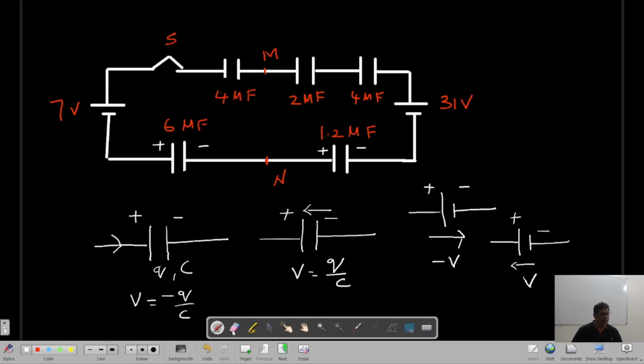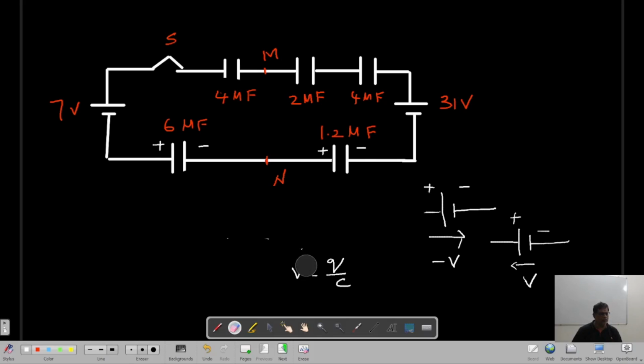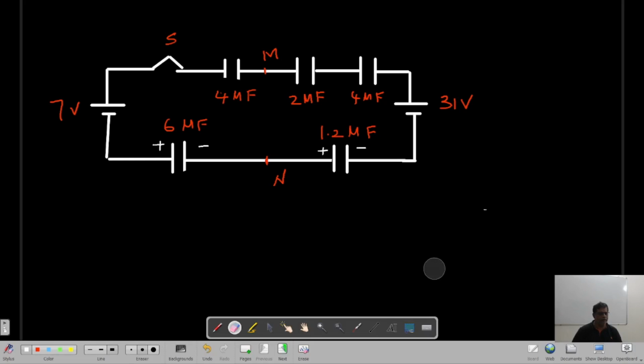There are many ways by which this circuit can be solved. You can apply Kirchhoff's voltage law throughout the circuit, but I am not going to do that. I am going to replace the two cells with a single cell and calculate the equivalent capacitance of this circuit. This is 31 volt and this is 7 volt.